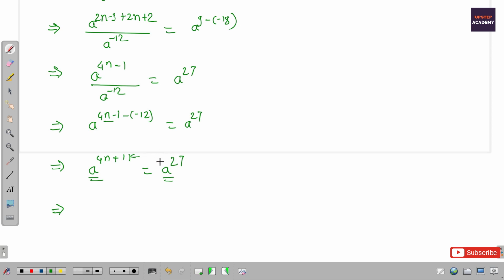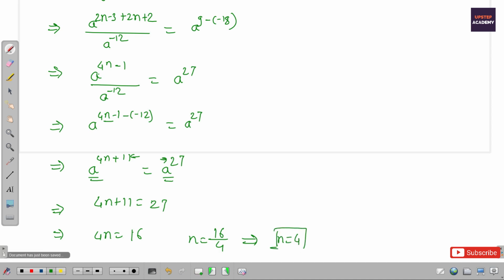So 4n plus 11 is equal to 27. In the next step, 4n will be equal to 27 minus 11, and 27 minus 11 is 16. As 4n equals 16, n will be equal to 16 upon 4, and from this we get the value of n is equal to 4. So n is equal to 4 is the final answer.